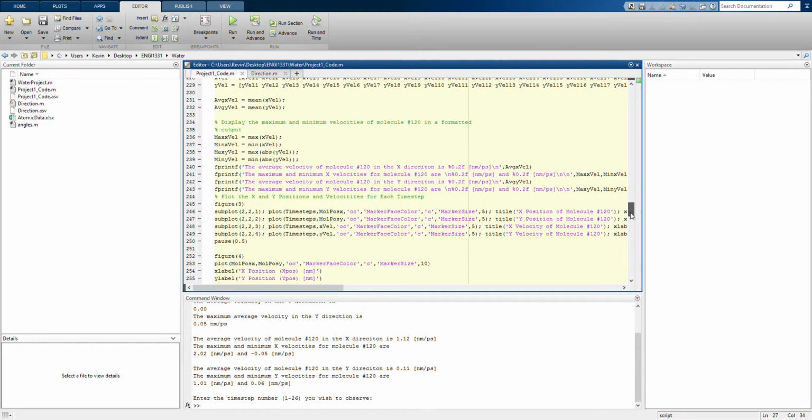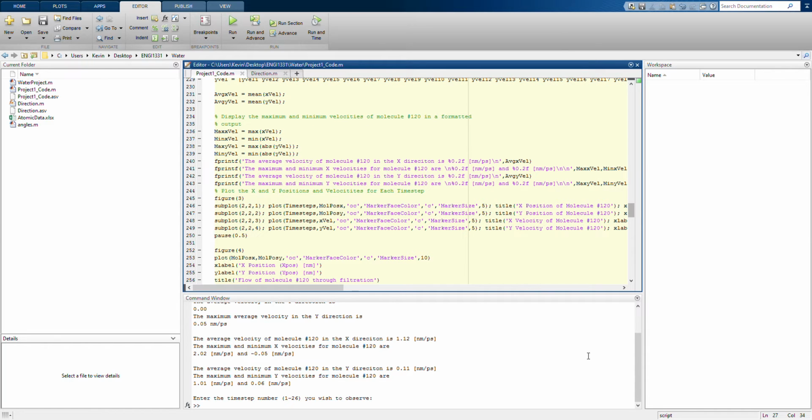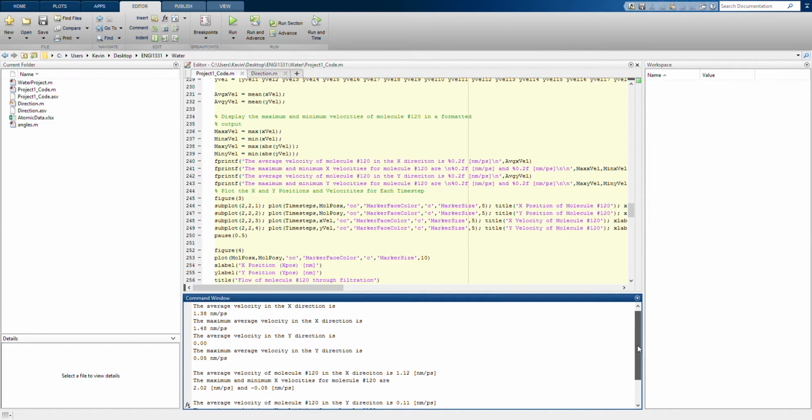And then once we got all of the data, since we were given the x velocity, y velocity, x position, y position, we wanted to find the maximum and minimums of each velocity in the x and y direction.